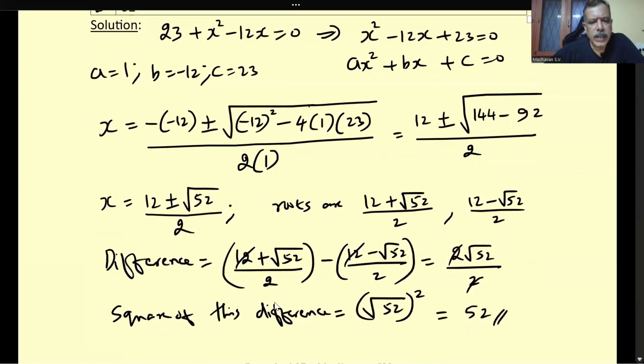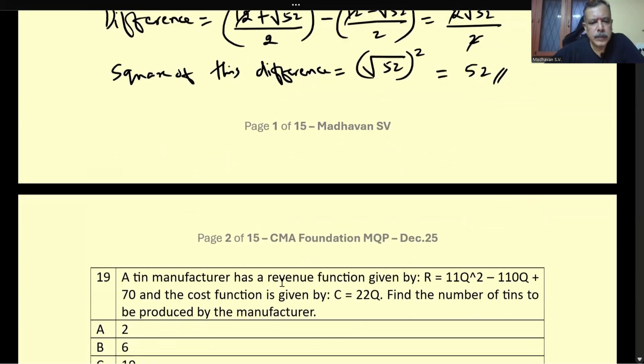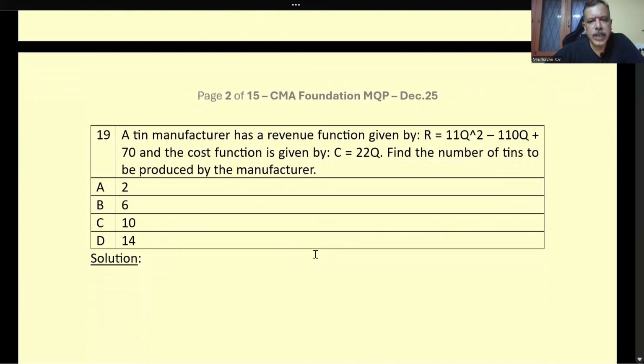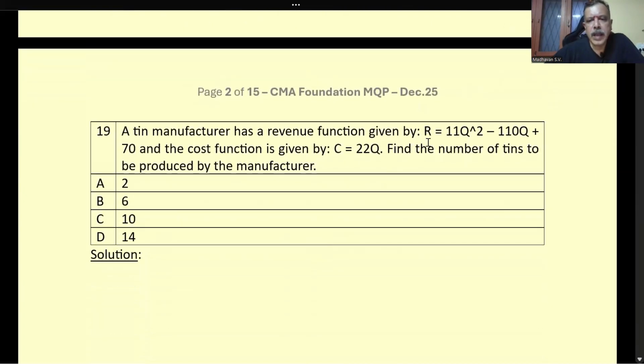Let us move on to the next question. A tin manufacturer has a revenue function given by capital R equal to 11 times Q power 2 minus 100 times Q plus 70, and the cost function is given by C equal to 22Q. Find the number of tins to be produced by the manufacturer.